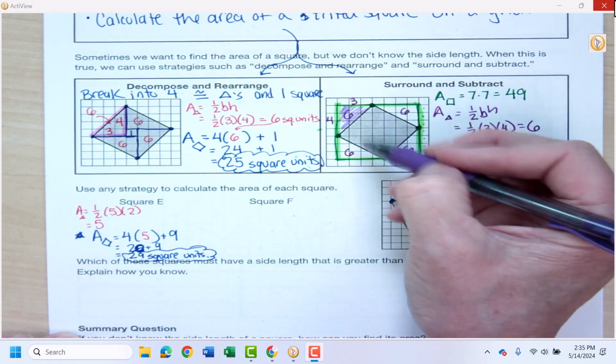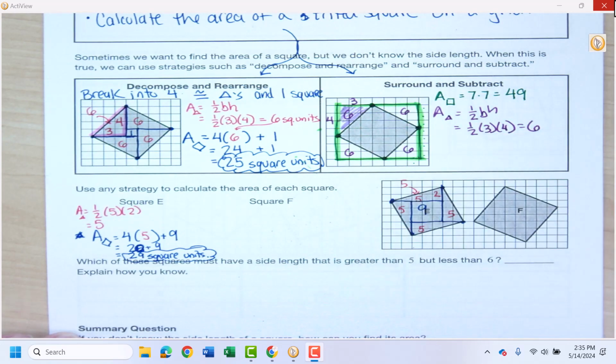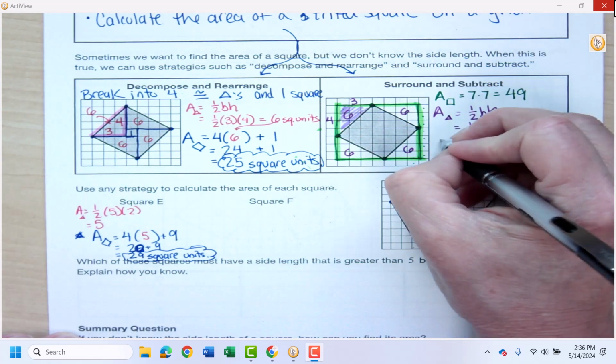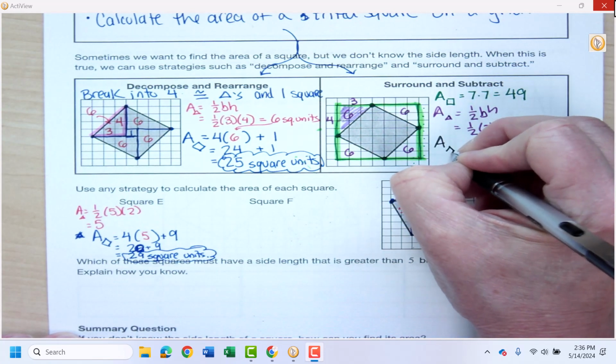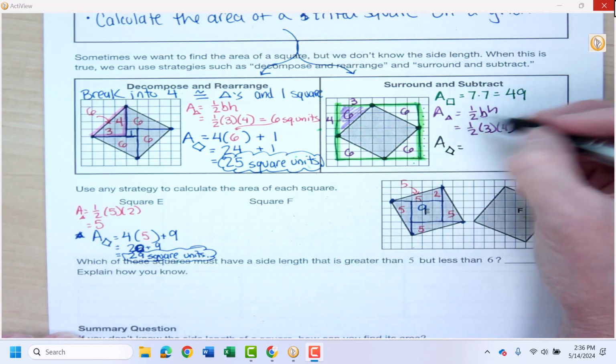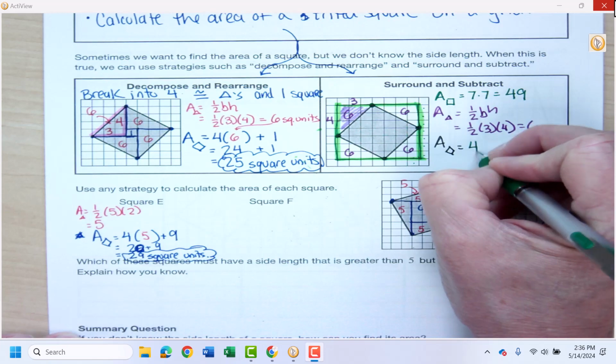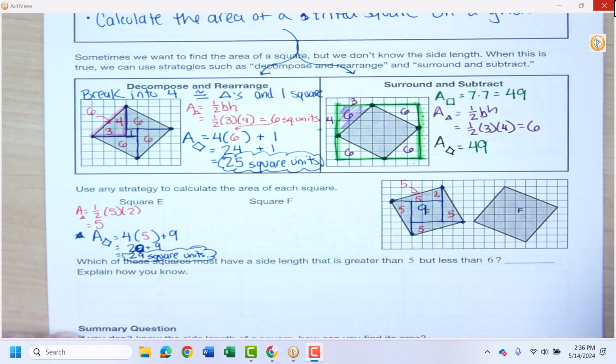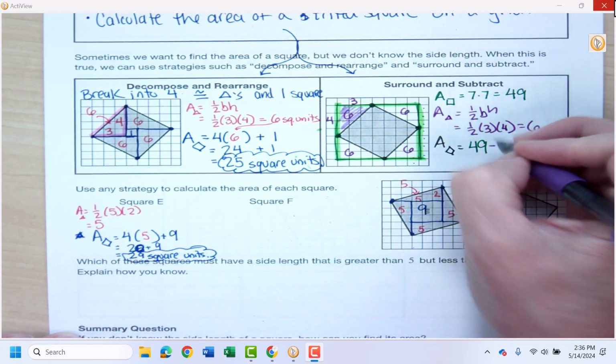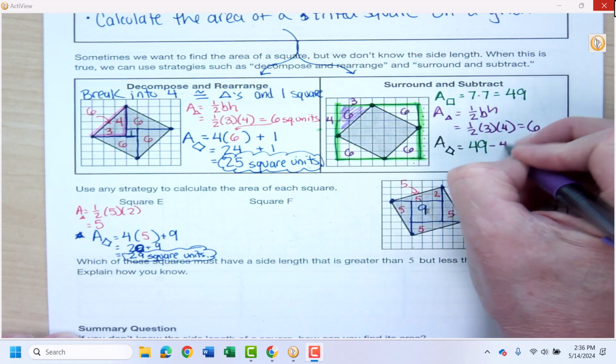And so the area of the twisted square is just going to be the area of that big surrounding one, which was 49, minus, and we're going to subtract off these 4 triangles.